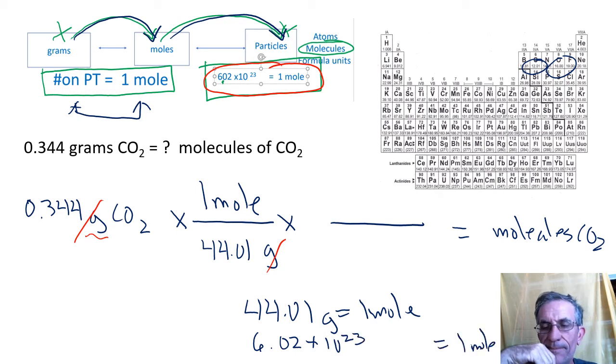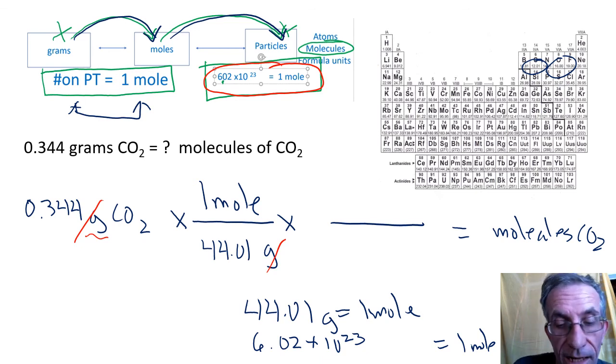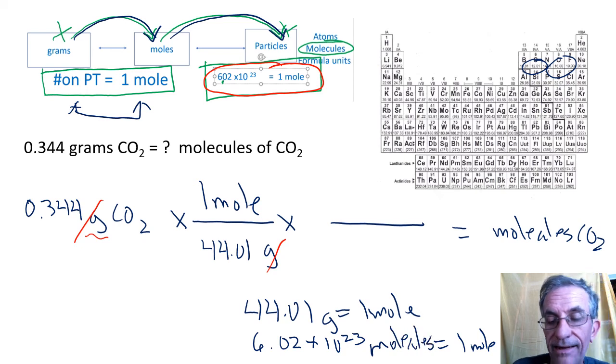How did that work from the beginning of this class? 6.02 times 10 to the 23. What word am I missing there? Not atoms, not formula. Molecules is a mole. So you should have the word molecules there.